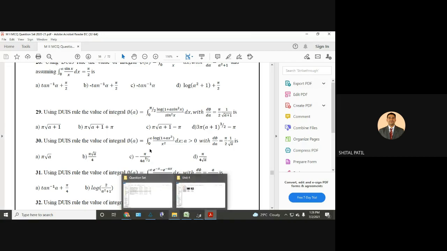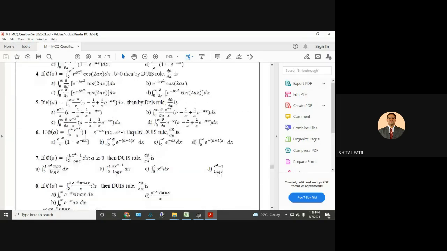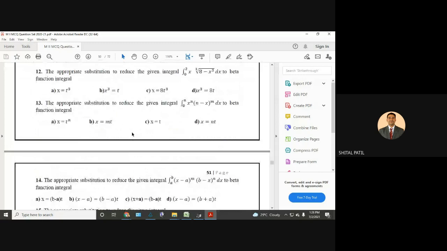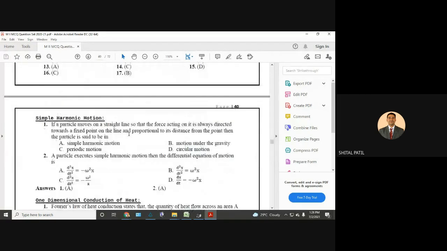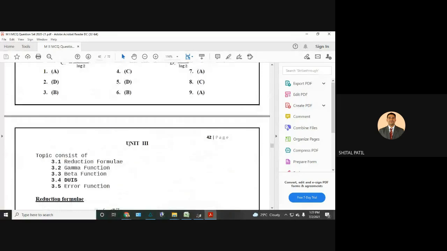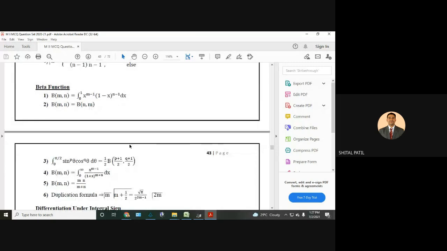Where are they? I think at the starting there are the beta function formulas. Beta, I think this is visible.